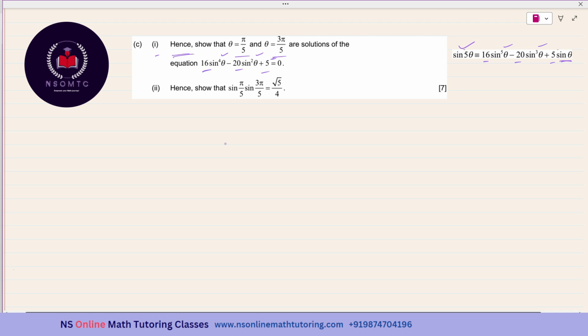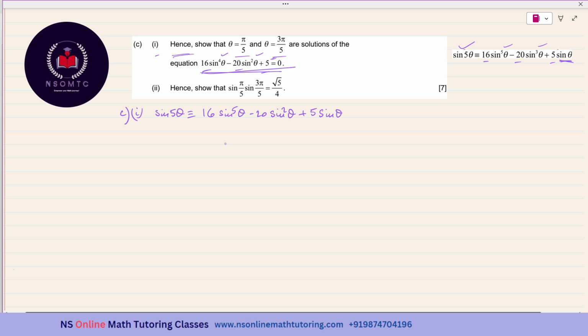So how to relate, how to come to this equation? You can come to this equation if you take this sine theta common. So let us do that. Okay. So sine 5 theta is equivalent to 16 sine to the power of 5 theta minus 20 sine cube theta plus 5 sine theta.